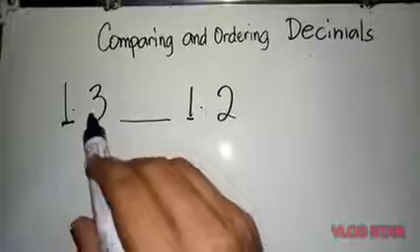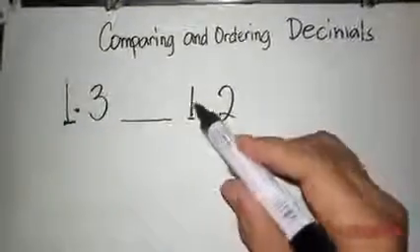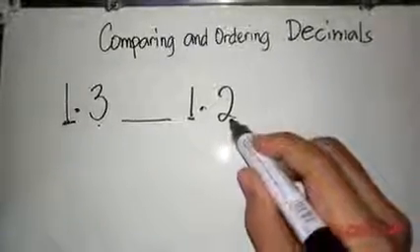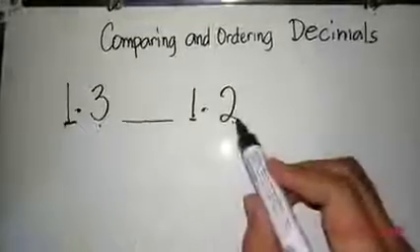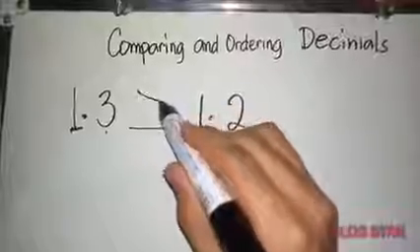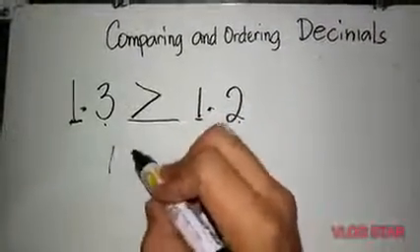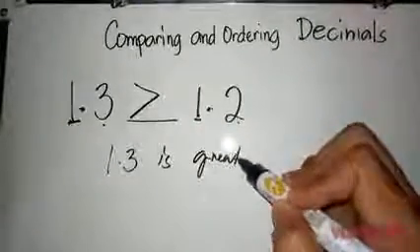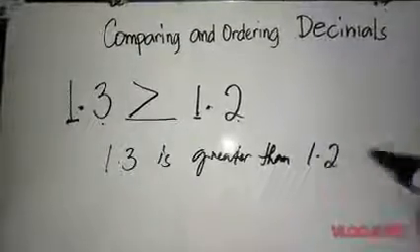And next is tenths, because this is the decimal point. The next is tenths, so this is 3 and this is 2. It means that 3 is bigger than 2, so the sign would be greater than, or we can write it as 1.3 is greater than 1.2.